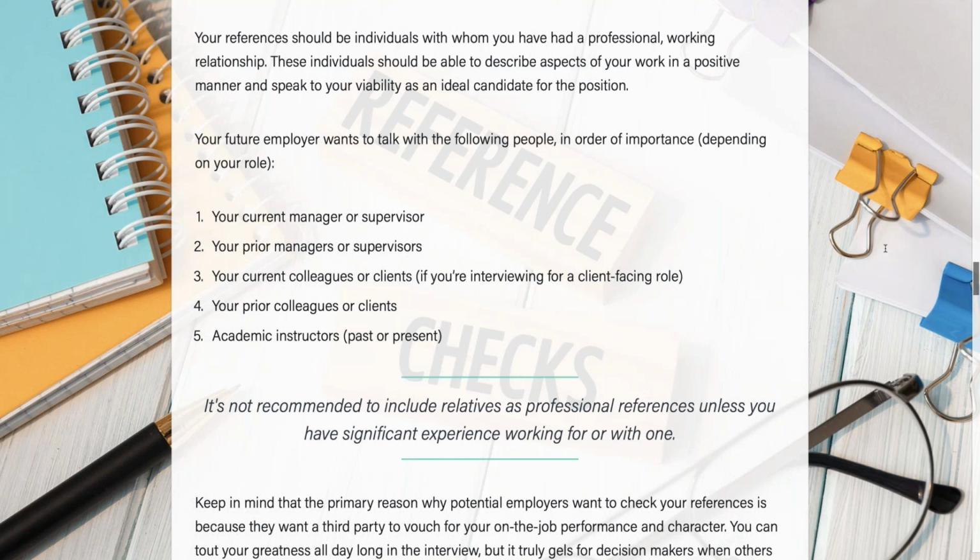So for instance, a letter of recommendation may be more common in an application for a school or college, or for a specific credential, or as a reference for a recognition that you are being considered for.